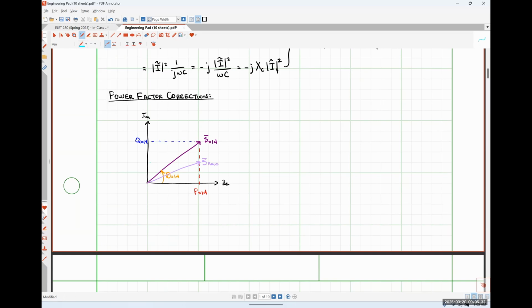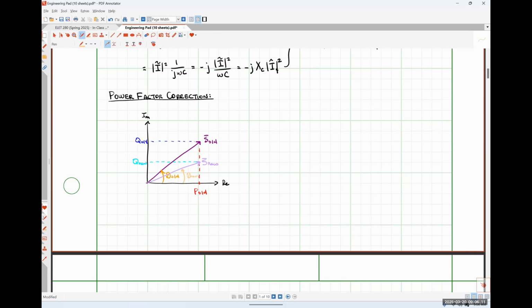Where this would represent Q new, and this angle would represent theta new, right? So if we are able to somehow lower the amount of reactive power that is being absorbed by our system, we should see that our power factor is increased.